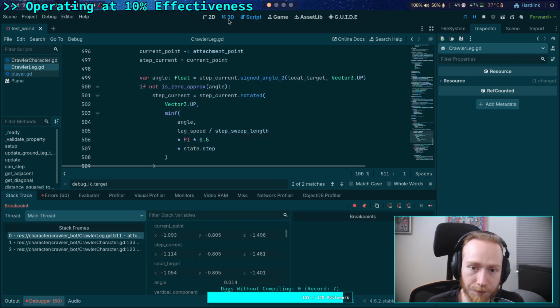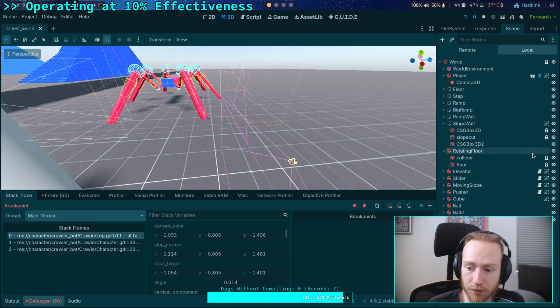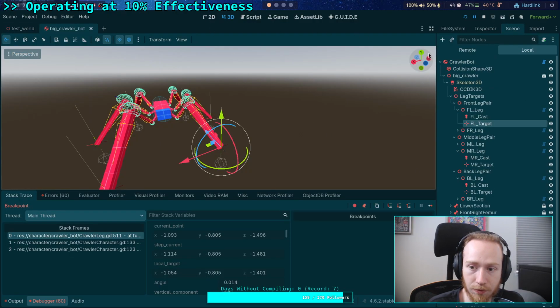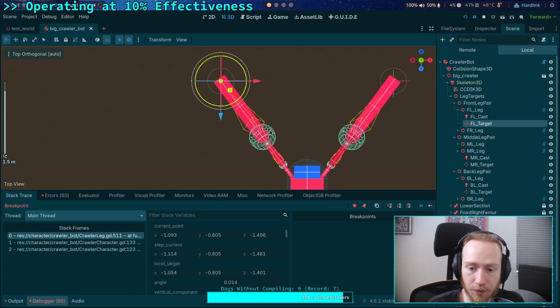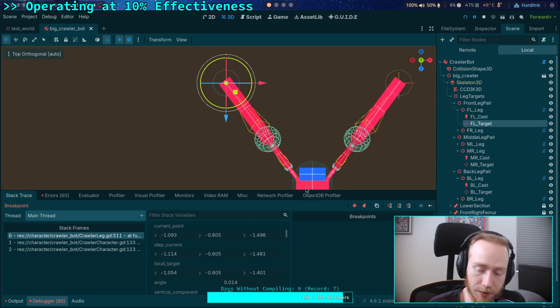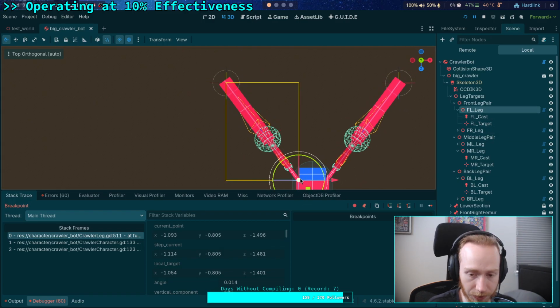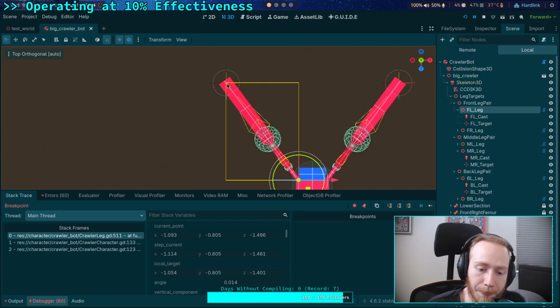So did that get further away? It's the left leg relative to this point. So it's this line. So it got... Okay, yeah, that's wrong then. So it's rotated the wrong direction.